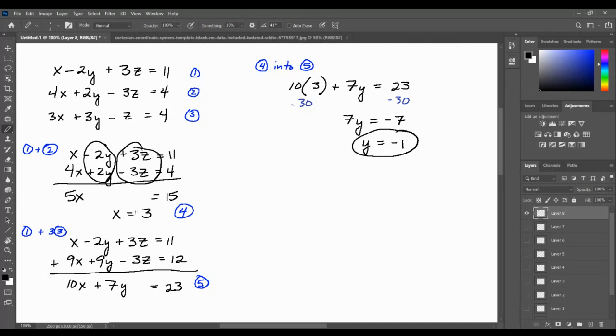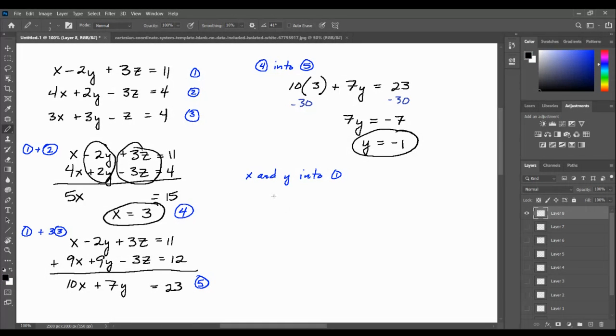I know what y equals, I know what x equals, and now I need to find z, so I can plug both of those, x and y, into 1, 2, or 3. Let's go into, oh, I don't know that it matters. Let's go into 1.